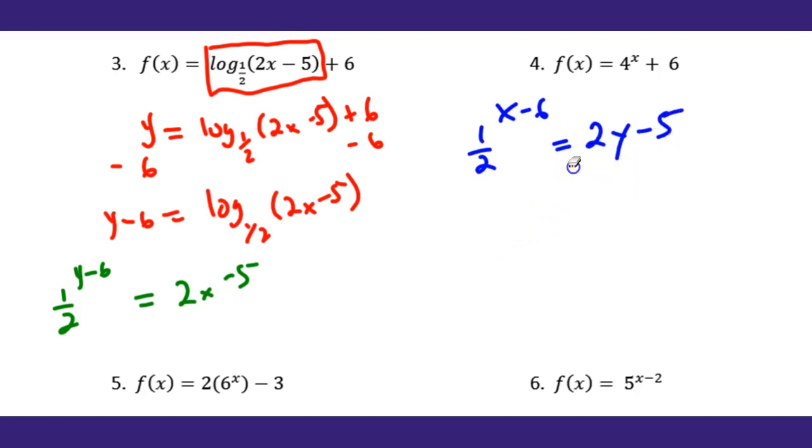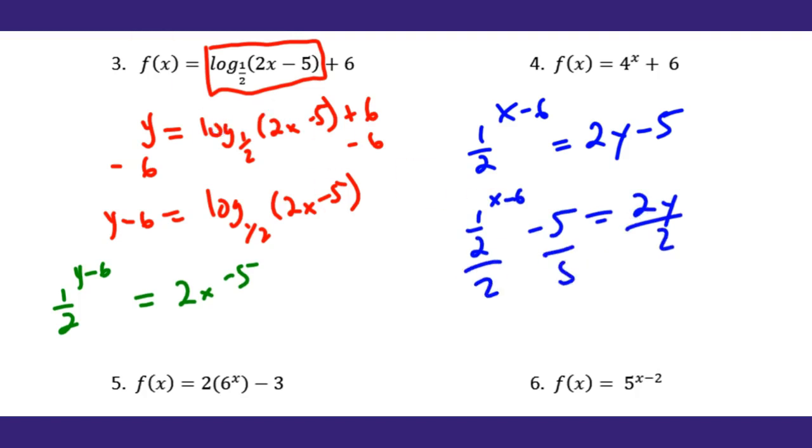So I'm going to subtract 5 over, or add 5 over actually. So we have 1/2 to the x minus 6, minus 5 equals 2y. And then we just divide everything by 2 like that. Divide the 5 by 2 as well. Oh, that should be a plus, by the way, because we added 5 over. So that would be plus 5 on both sides.